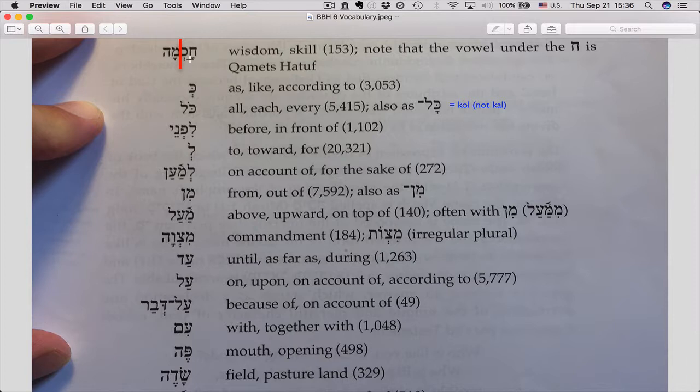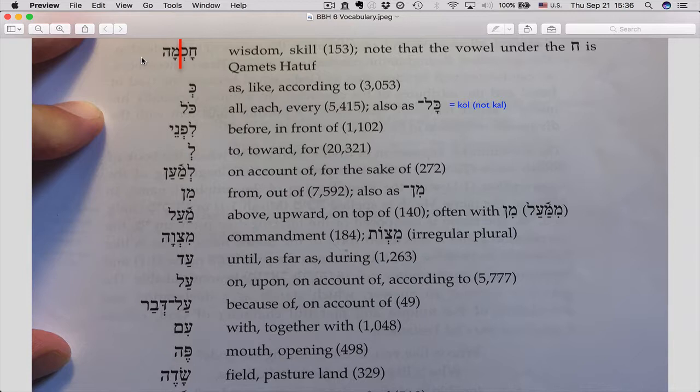Now, I've put a syllable divider here. We said that the rules for this little symbol, the chametz, can be tricky. But I said, learn the syllable rule, and a lot of other things will follow from that. So there's no accent on this word, which means it's accented on its final syllable, which means consonant, vowel, consonant. That first syllable is closed and unaccented.